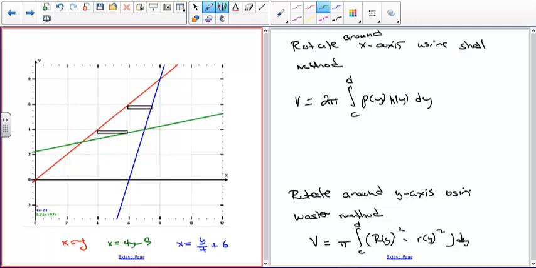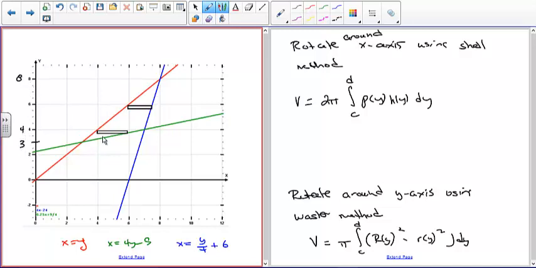If you look at the y coordinates of the points of intersection, if you go back to the first page again, you'll see that this is at 3. So that's going to be the lower limit. Then I go here, which is 4. And then I go up to here, which is 8. So I'm going to integrate from 3 to 4 and from 4 to 8.